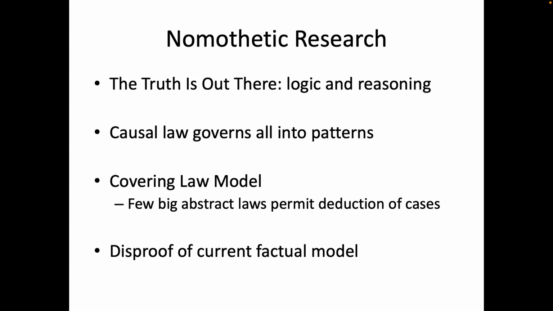It should be reducible to causal patterns. Okay, the truth is out there, Mulder, and this is called formally the covering law model. We should be able to work out dynamics that cover more specific cases.